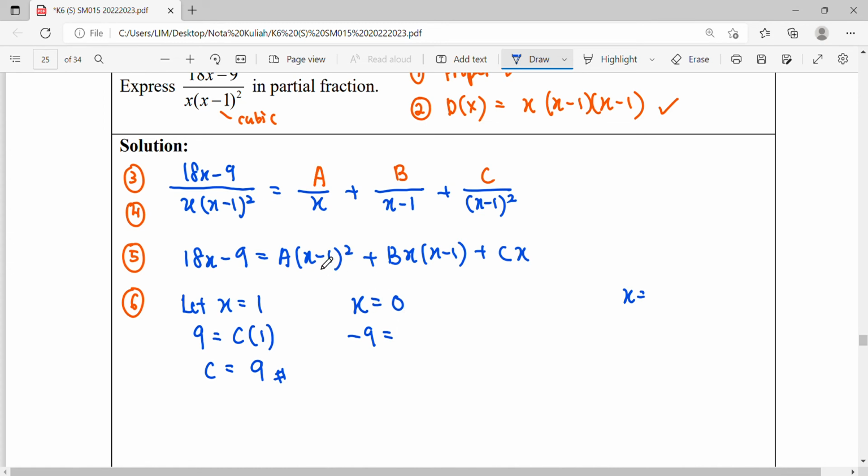So when you substitute here, negative 1 square, it gives you A. So x, when you put 0 here, 0 times anything also becomes 0. Then 0, when you times with C, becomes 0. So you'll notice that this is easier when we take the value that comes from its factor. So now you know A is negative 9.